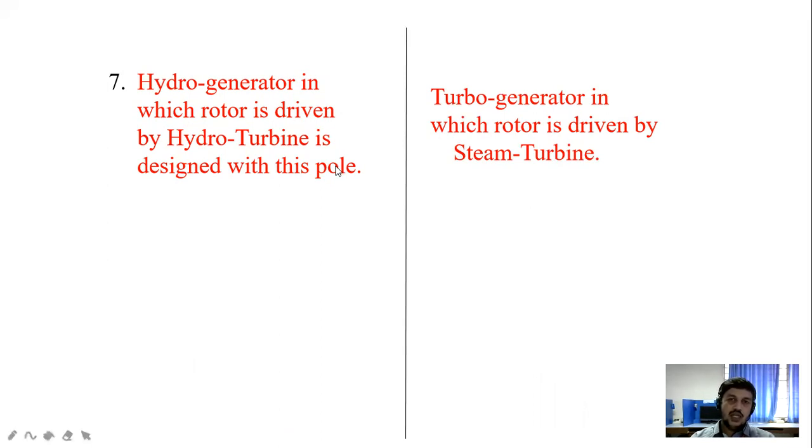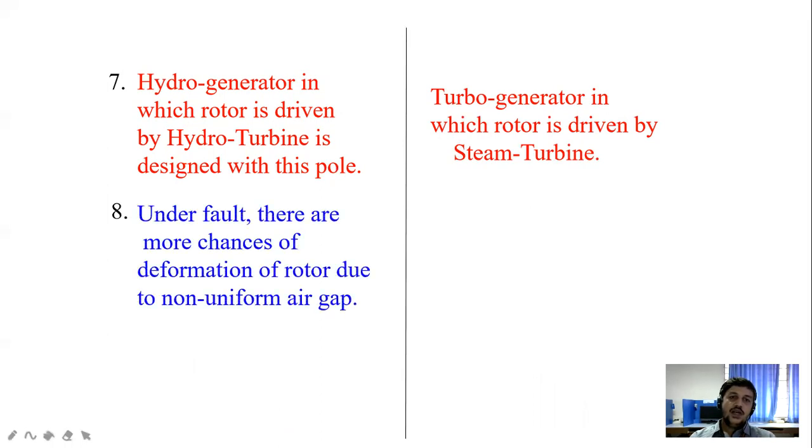Now, under fault condition, there are more chances of deformation of the rotor due to the non-uniform air gap in a salient pole machine. So whenever a fault takes place on the rotor side, there are more chances of deformation of the rotor.